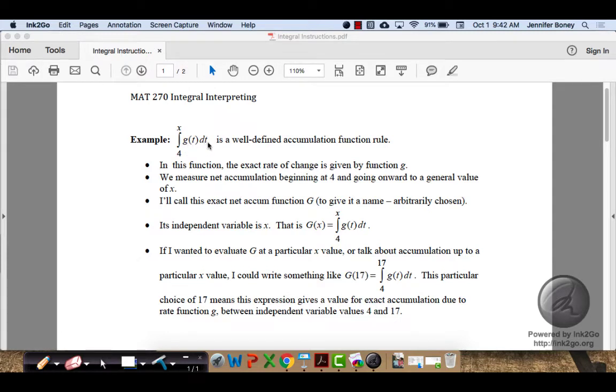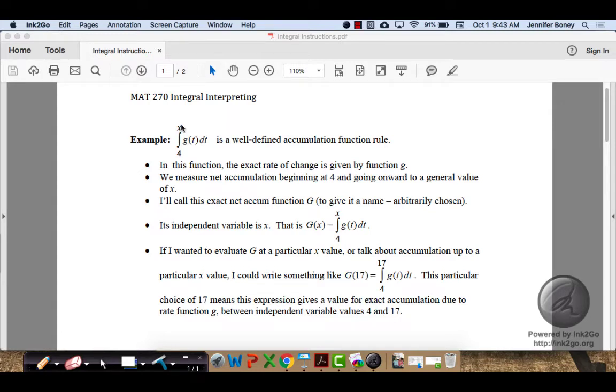The symbol t is used. T is a variable we have when expressing this, but it's not part of the original problem. You don't have to know what t represents in terms of a quantity in the problem. What we understand t to be is a variable that ranges from 4 through any value of x.